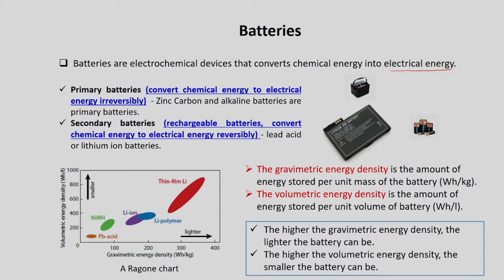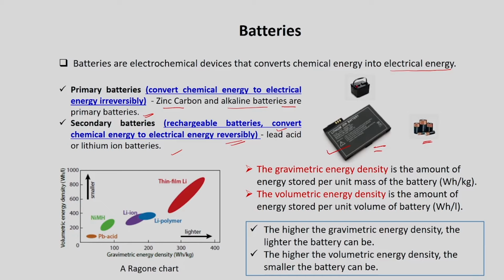For example, zinc carbon and alkaline batteries are primary batteries. We cannot recharge them again and again. But secondary batteries, also called rechargeable batteries, convert chemical energy to electrical energy reversibly. Examples are lead acid batteries and lithium-ion batteries.